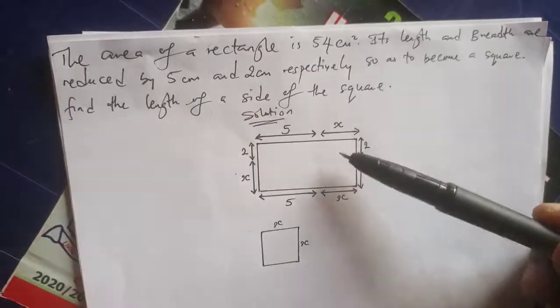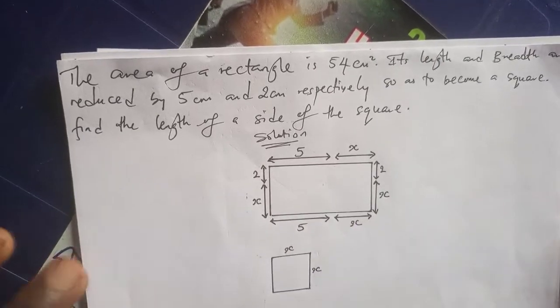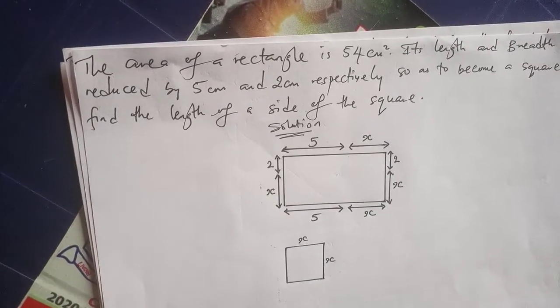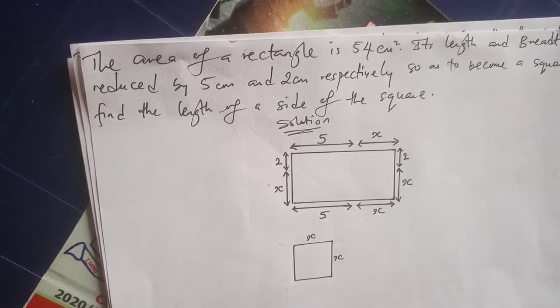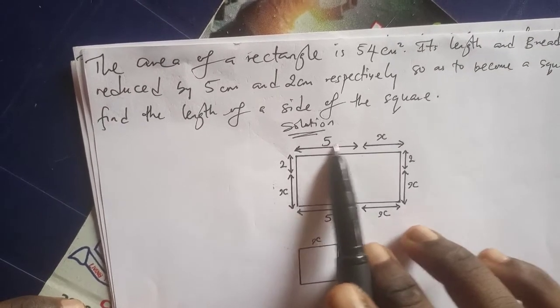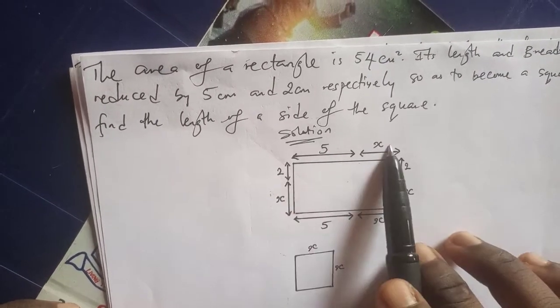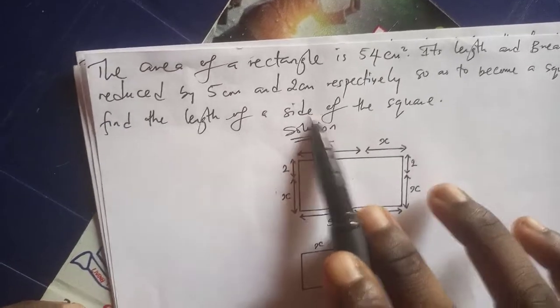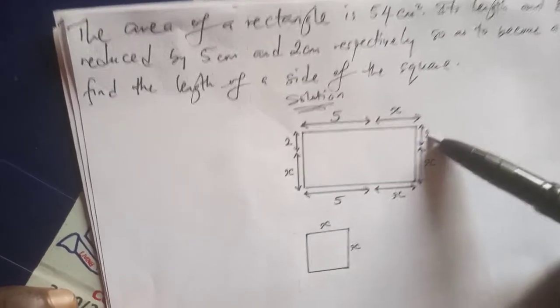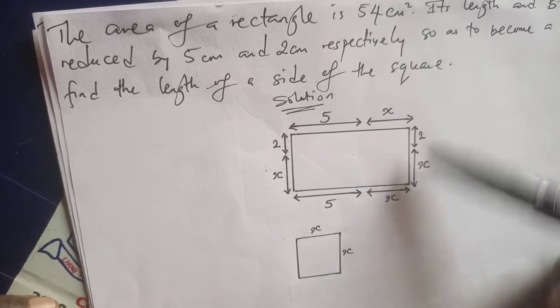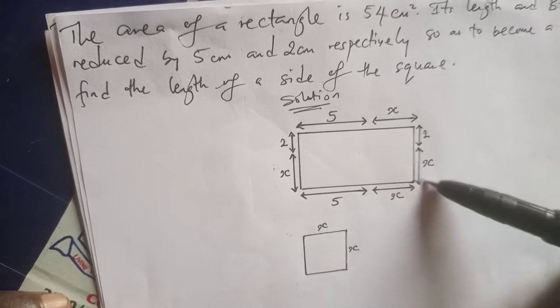So I have given us a little bit of diagram here, to let us visualize how it looks like. Now you see this is the 5 and this is the part that we are looking for. Here is the 2 that was reduced from the breadth, and this is the part that we are looking for.